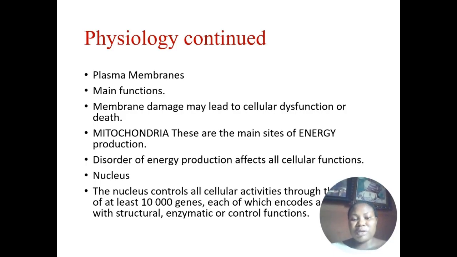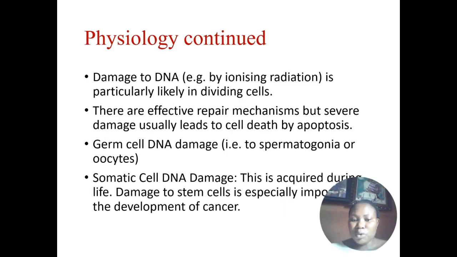Also, the nucleus controls all the cellular activities, and when there is a problem in the nucleus, then there is a problem with the DNA. There will be damage to DNA from ionizing radiation.